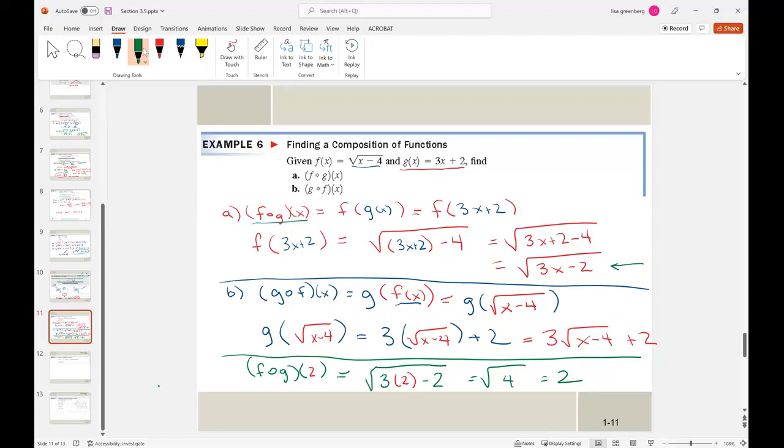So we can see that if I plug a value in here, I could actually evaluate first. So for example, let's do B a different way, because there's more than one way to do pretty much everything. So let's go to B here.